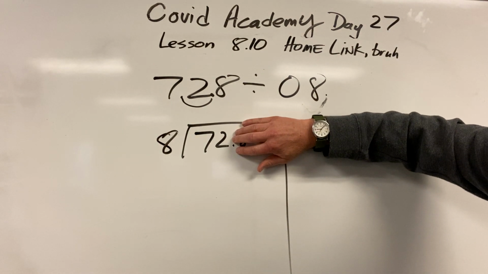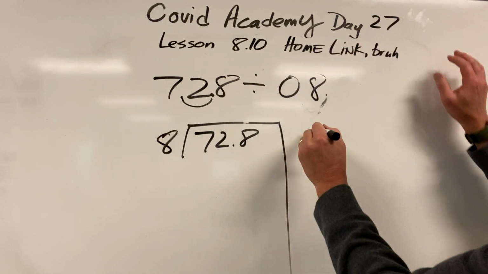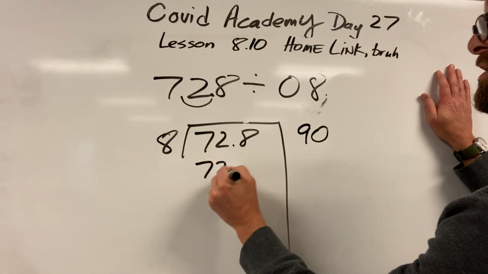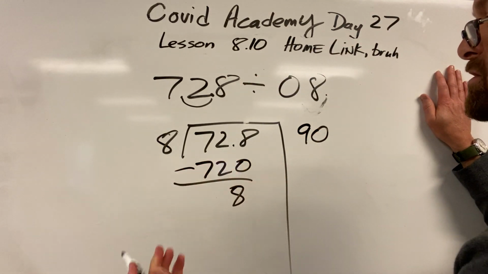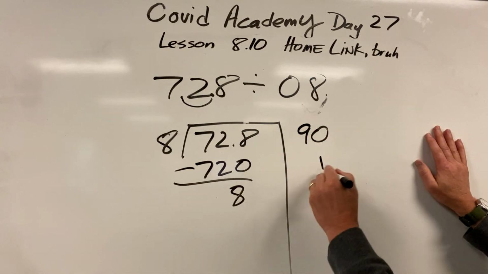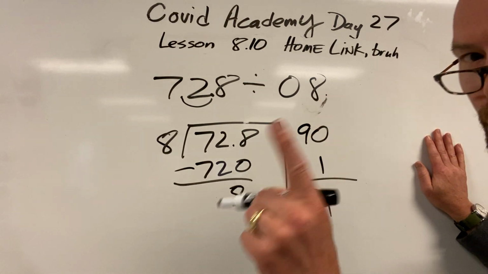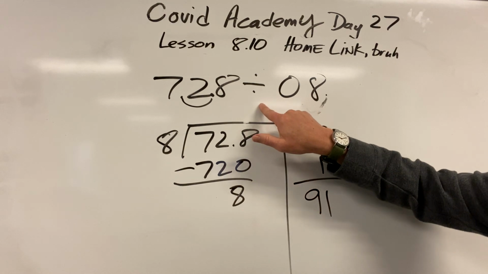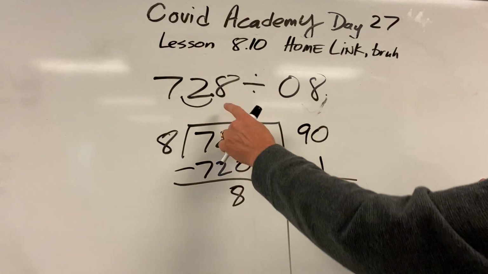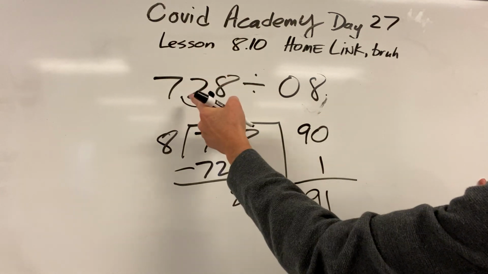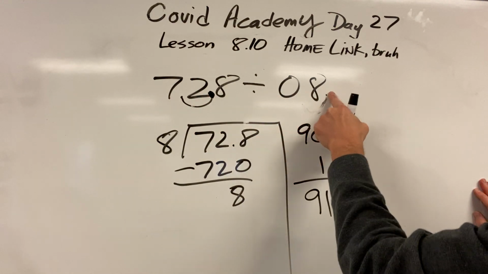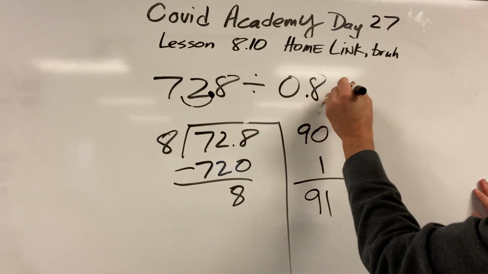How many 8s fit into 72? 9, so 9D. And we get 720. Subtract, you get, oh my gosh, an 8. How many 8s fit into 8? 1, so it's 91. But wait, I didn't do my estimate. I forgot. So I'm taking 72 and dividing it by something that was less than 1. The answer has to get a little bit bigger.